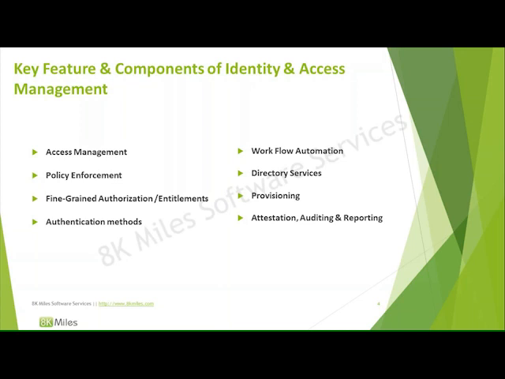So the third part is the attestation, auditing, and reporting. Attestation is a process by which the employees, their permissions, their entitlements, and the ownership of applications are attested or certified by either managers of those employees or application owners of the organization, or both. In most cases, both are involved as multiple reviewers for the attestation piece.